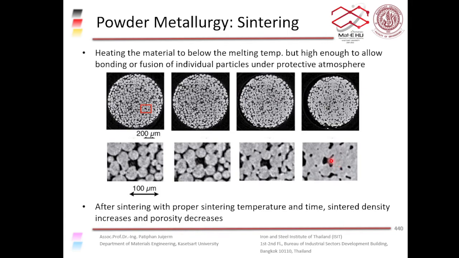That means the material becomes more solid. You get higher density, and because of the fusing of each individual particle into bigger and bigger grains, you get higher strength. So after sintering, if you choose the correct sintering temperature and sintering time, the sintered density will increase and the porosity will decrease. So you increase density, you decrease porosity or the holes inside, and you will increase the strength significantly.